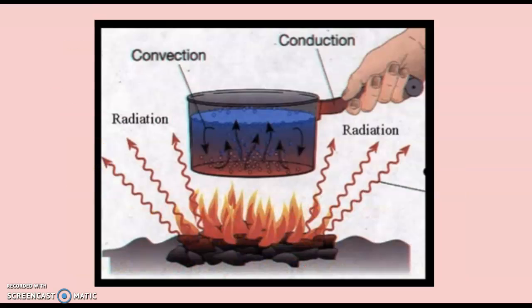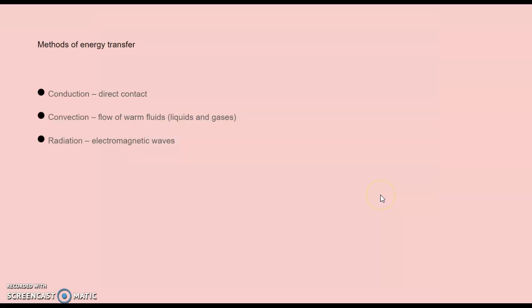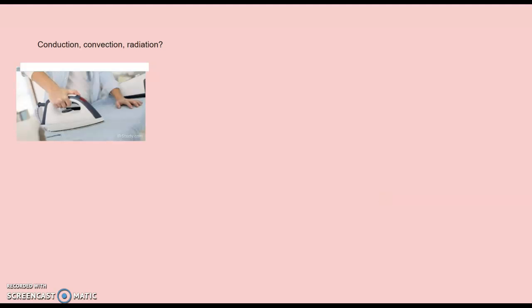So this is an example showing all three. I have the conduction touching the handle, I have the convection of the liquids, and I have the radiation coming from the fire in the electromagnetic waves. So let's talk about a couple of these. This iron directly touching the clothes would be an example of conduction, right?